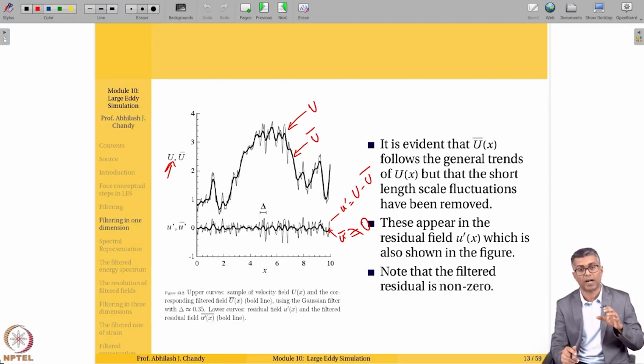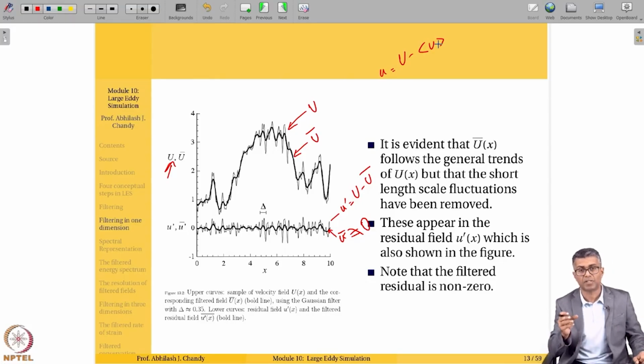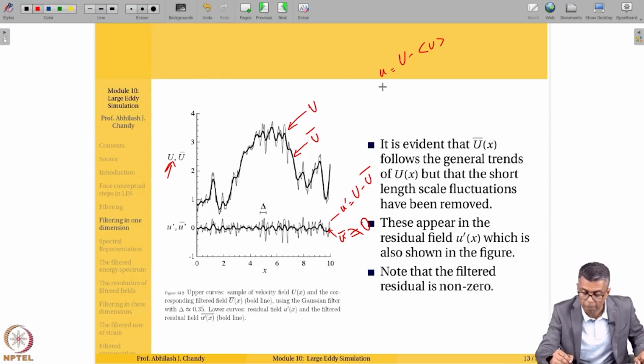It is not zero. So unlike what you had in the Reynolds decomposition, where you had U prime is equal to U minus U mean, isn't it? Here, the mean represents the time average. Now, if you apply a mean to both sides, you will get U mean minus mean of U mean.